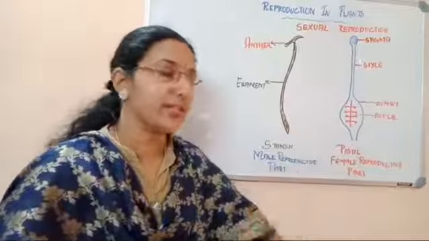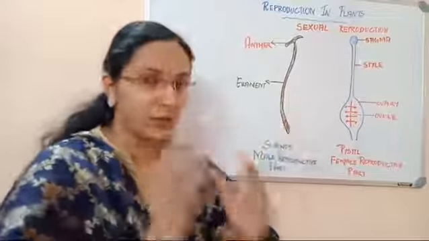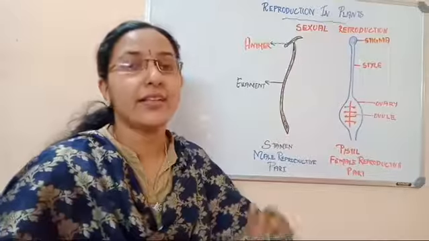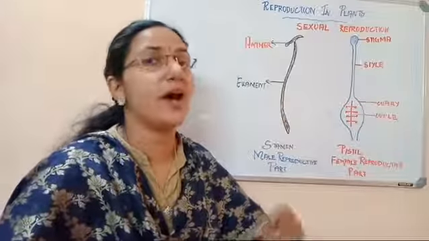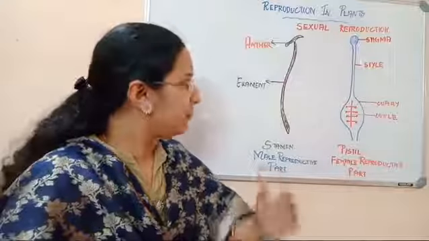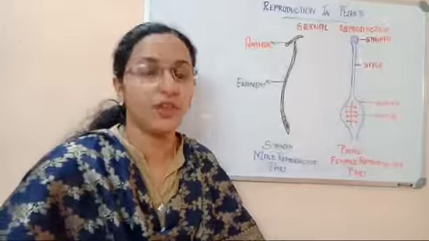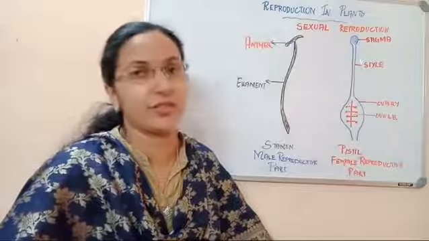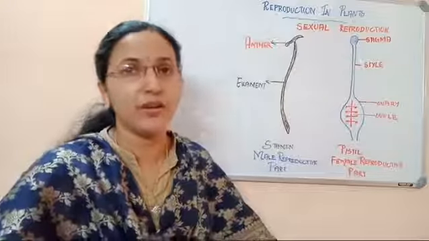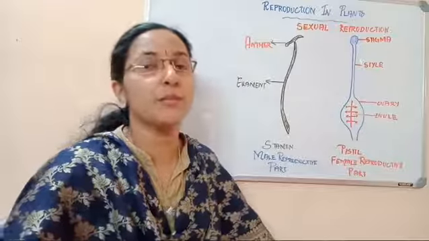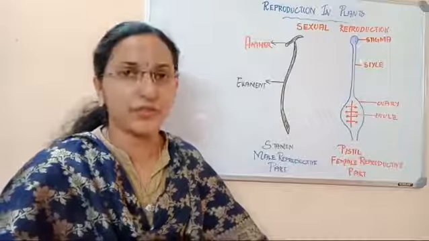If a flower contains both stamen and pistil, then that flower is known as a bisexual flower. If the flower contains either stamen or pistil, then it is a unisexual flower. Examples of bisexual flowers are rose, mustard, etc. And for unisexual flowers, corn, papaya, cucumber, etc.